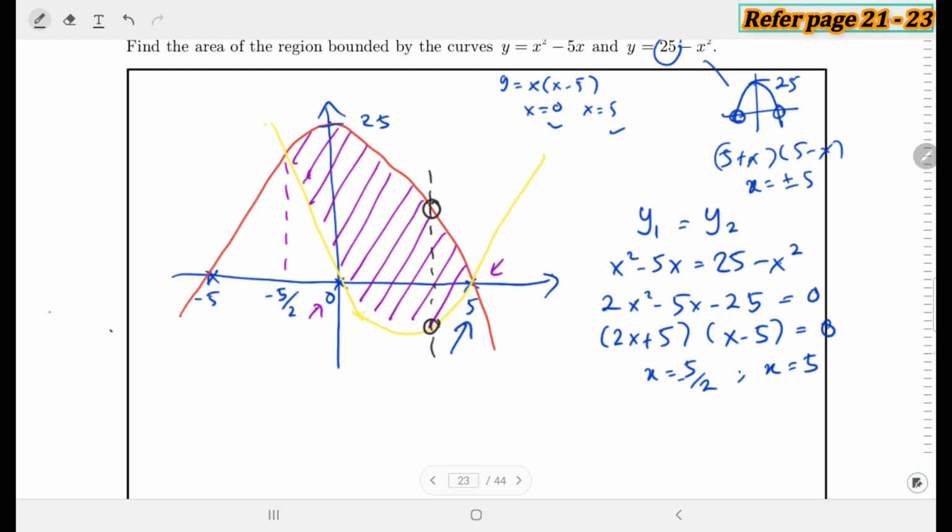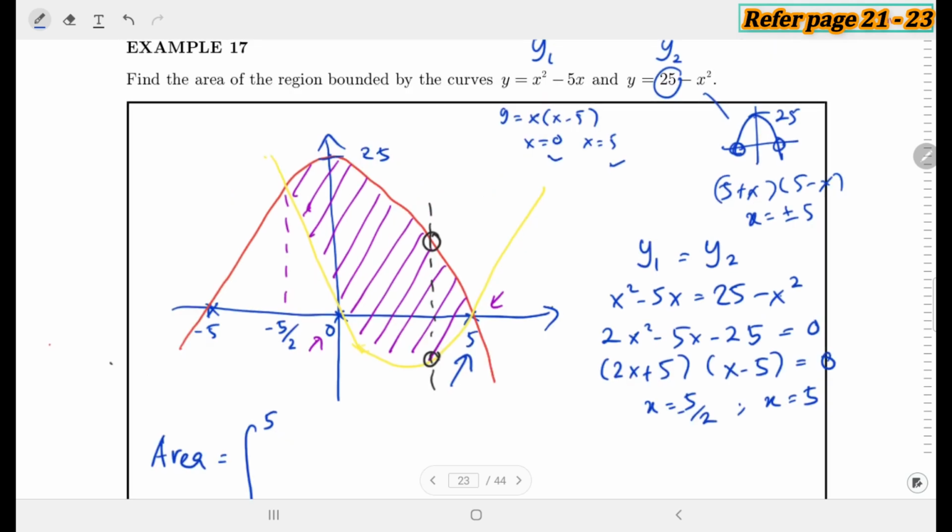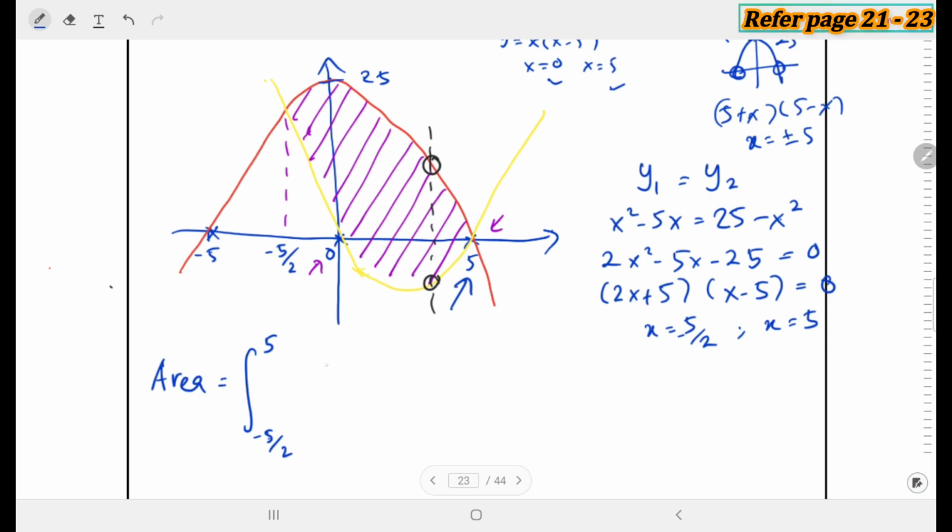Now let's get started to find the area. Area equals the integration from negative 5 over 2 to 5. Which one is the upper function? The red one, 25 minus x squared, so 25 minus x squared minus 5x.